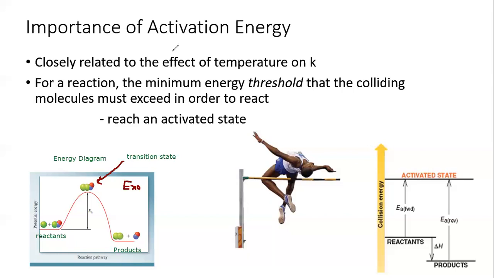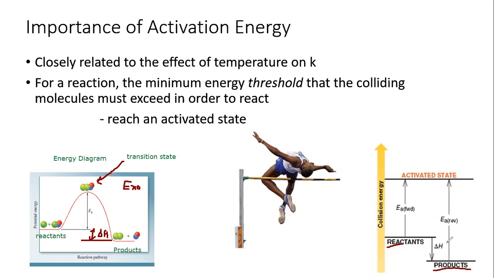So if we look here, if we take the energy difference right here, this is one way to find delta H. It's the difference between the activation energy of the forward reaction over here on the right and the activation energy of the reverse reaction.